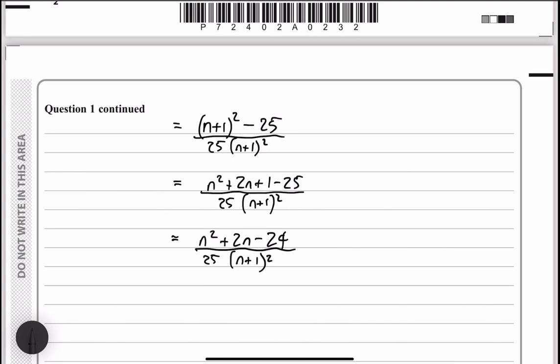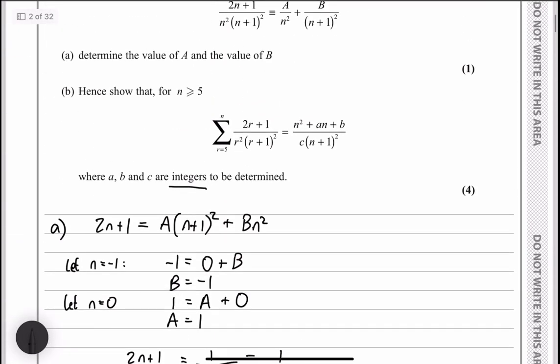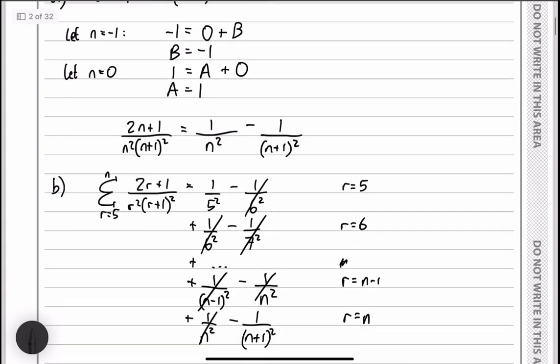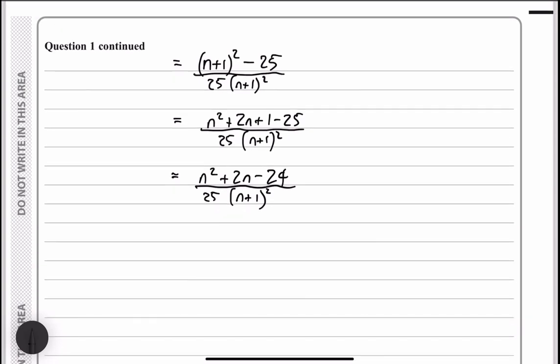Now I think that will factorize, but at the same time I don't think they wanted it factorized, no. So a is the n coefficient, b is the constant, and c is in the denominator. So a is 2, b is minus 24, and c is 25. Question 1 finished. On to question 2.